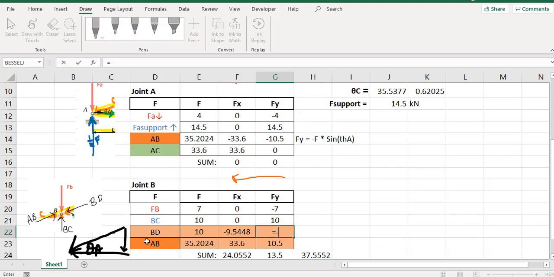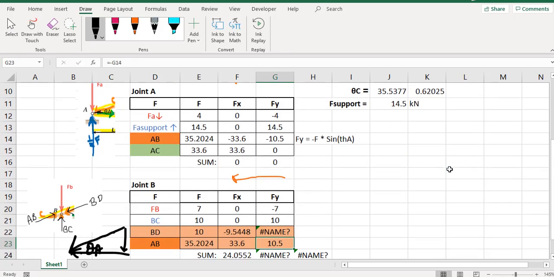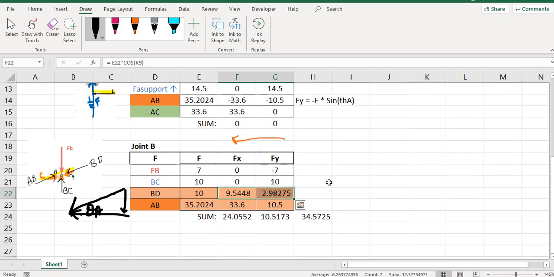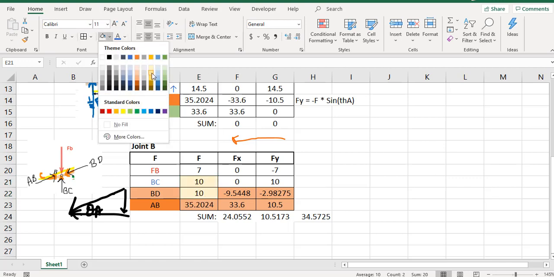So I'm going to say equals negative because it's going down, opposite. And for this one, it's the sine of this angle. Oh, I need to get a multiplication here. Okay, so if I did know what this was, then I could split it into X and Y components. And so really these are the pieces that I need to get these two numbers right.